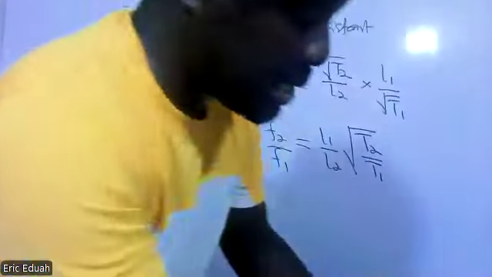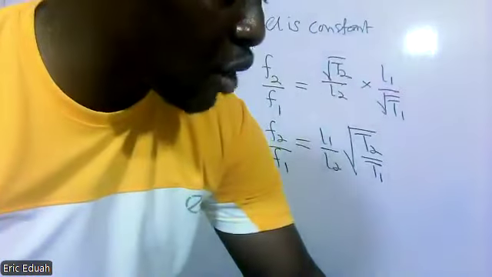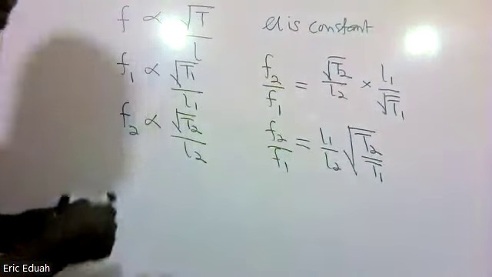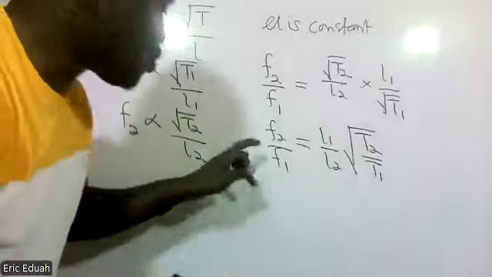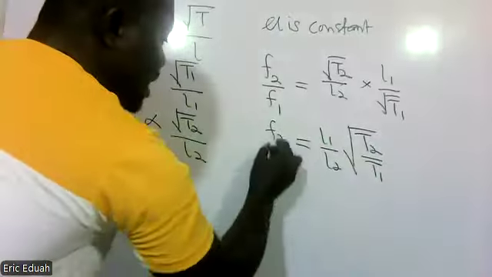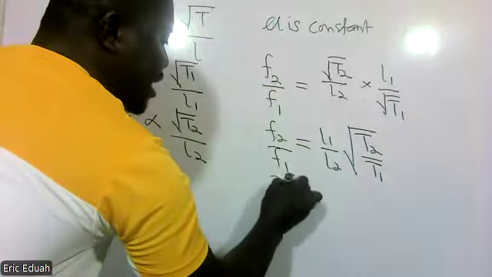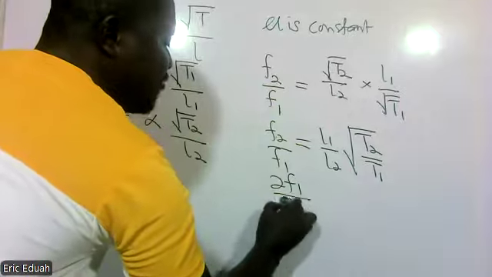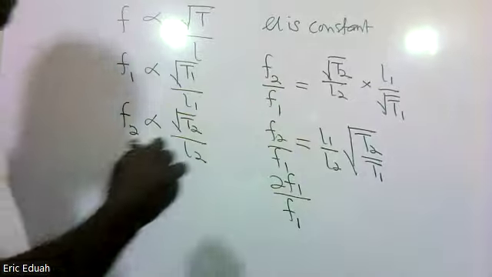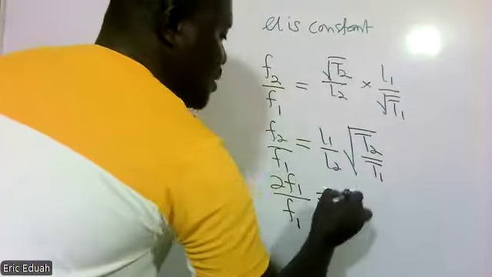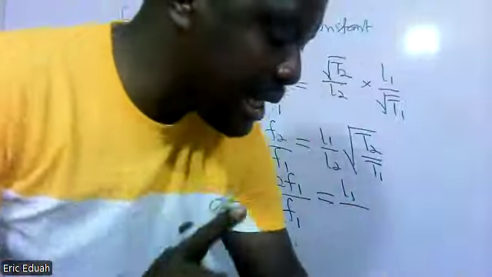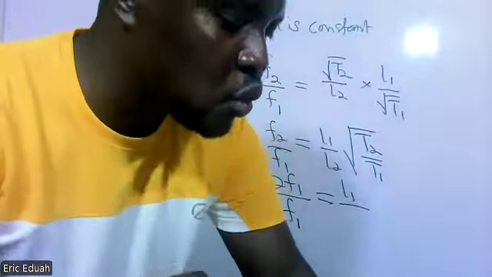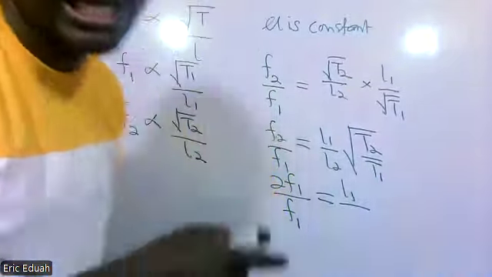So the question is that in order to double the frequency, F2 is twice the first one. So F2 over F1 is equal to 2F1 over F1, which is equal to L1 over... Now, he said the length is reduced to 3/4 of the original length.